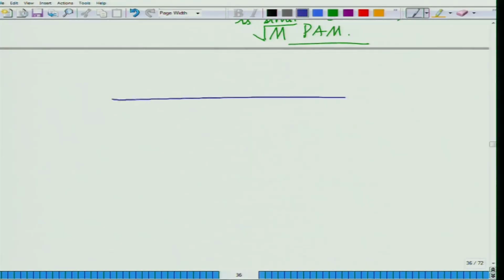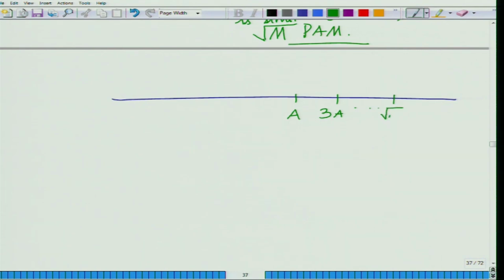Okay. Now, we have already seen what the decisions are for a square root M-ary PAM. For instance, in a square root M-ary PAM, we have A, 3A, correct. This will be 2I plus 1, so I equal to square root M by 2 minus 1, so twice square root M by 2.